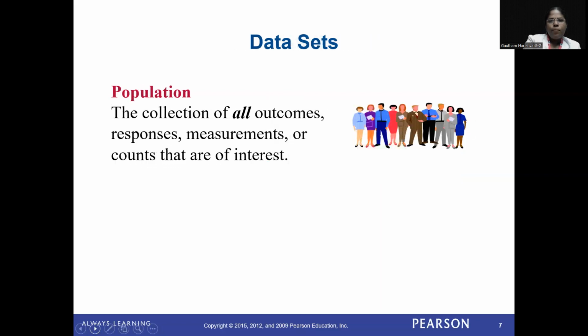In the beginning, I explained what is meant by data. In that data, there are two sets. The first one is the population. Population is nothing but the collection of all outcomes. Please underline that word all.